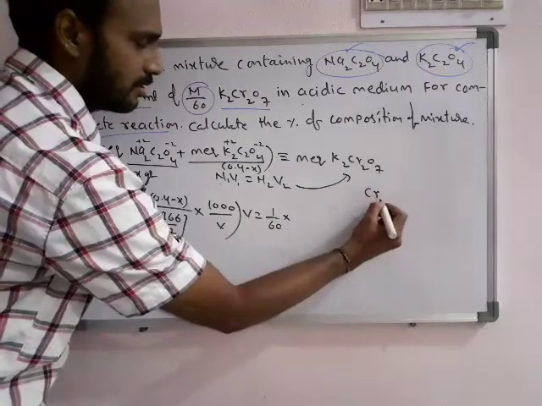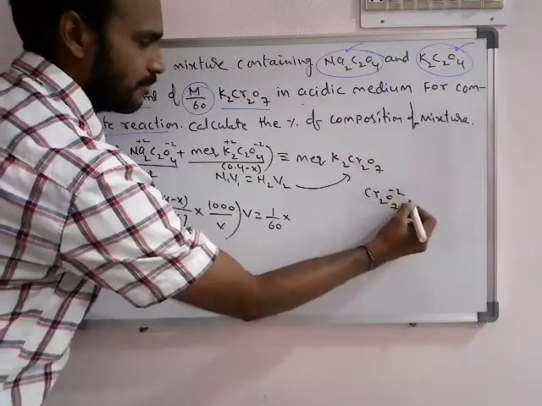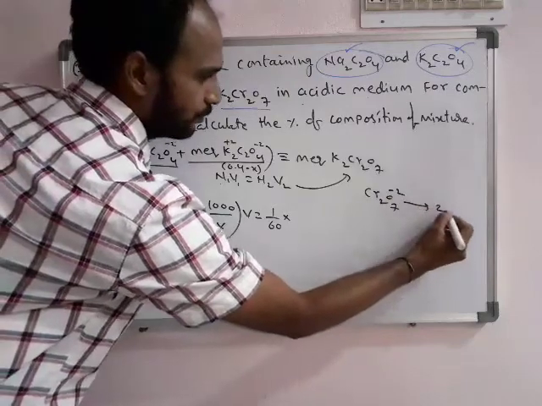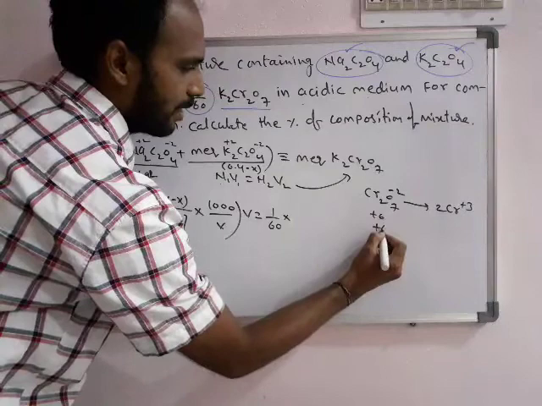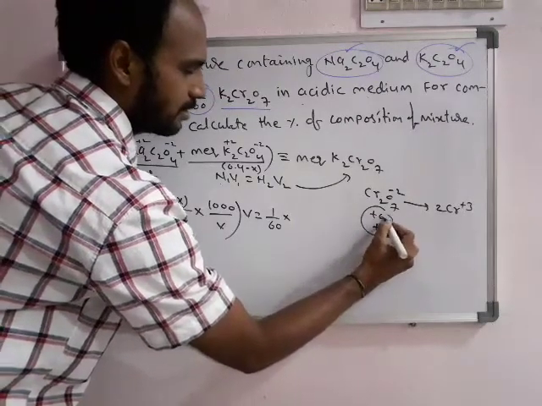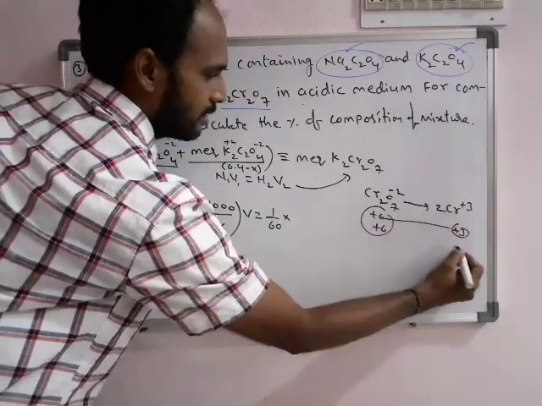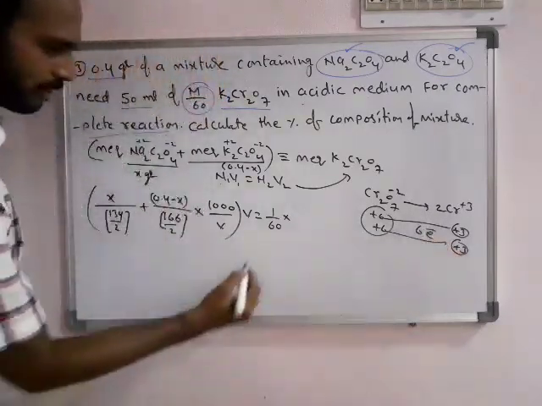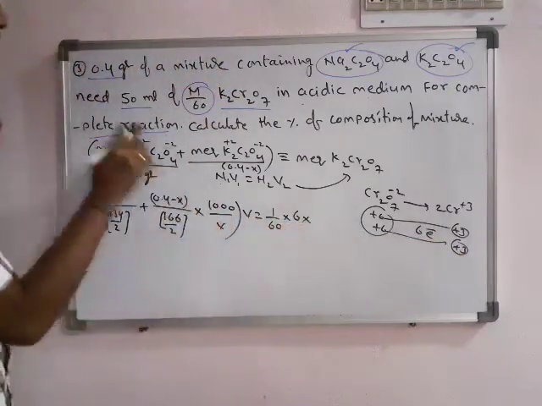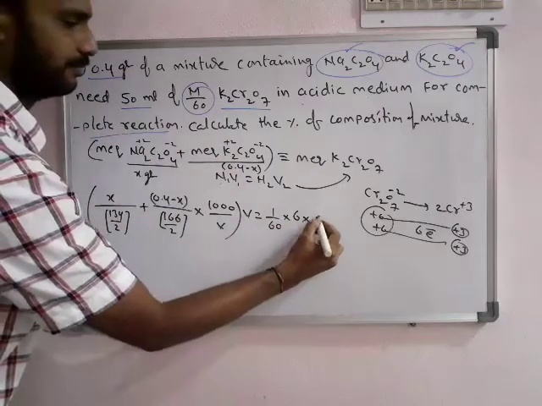How is it? Cr2O7 minus 2 is changed to 2Cr plus 3. Here 2 chromiums changed from plus 6 state to plus 3 state. Totally the difference is 6 electrons. That is 6. What is the value? It's a 50.